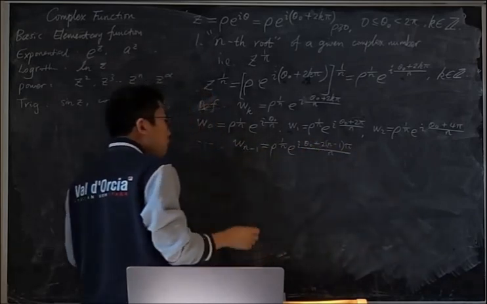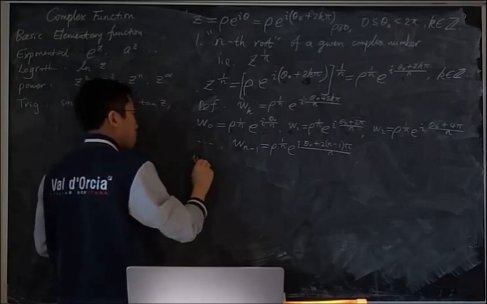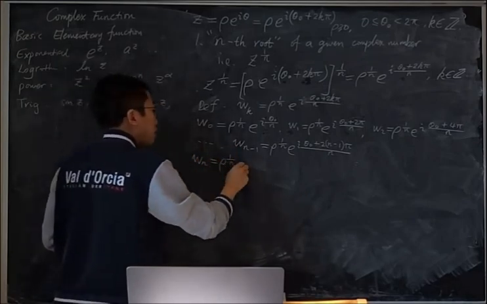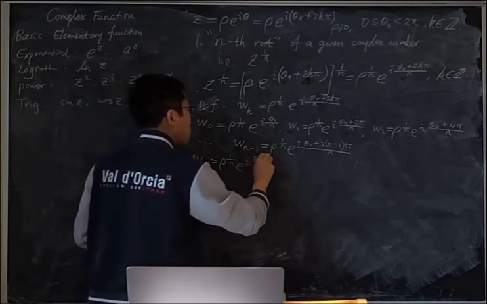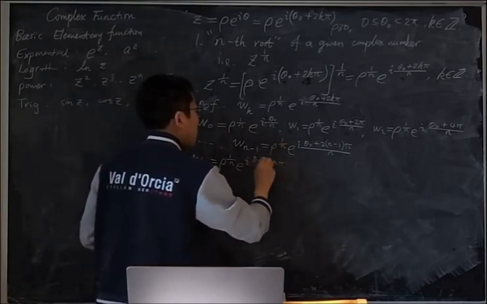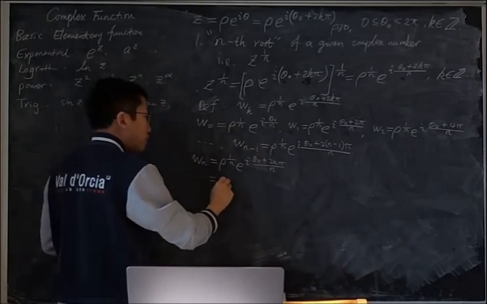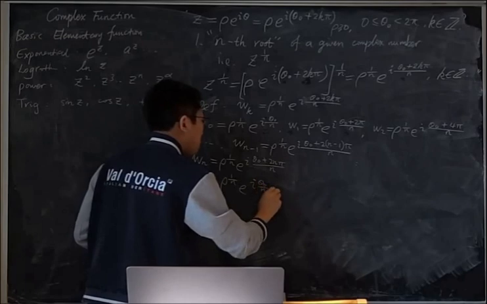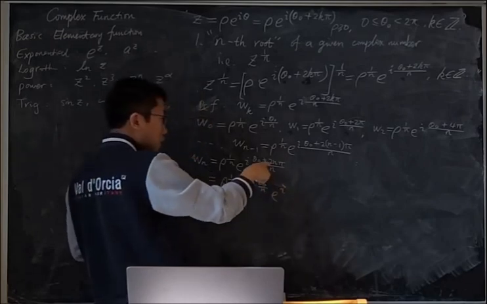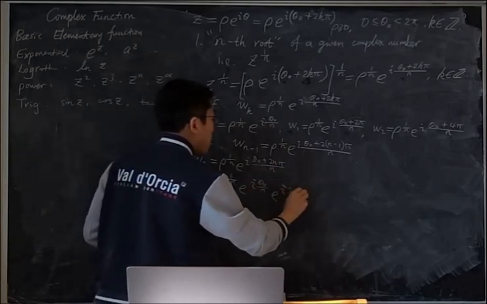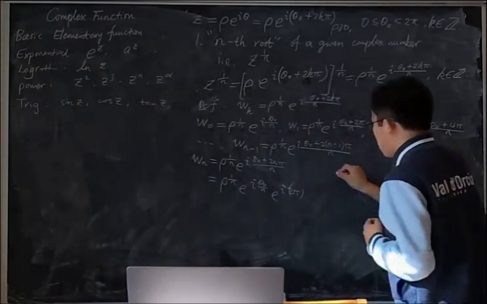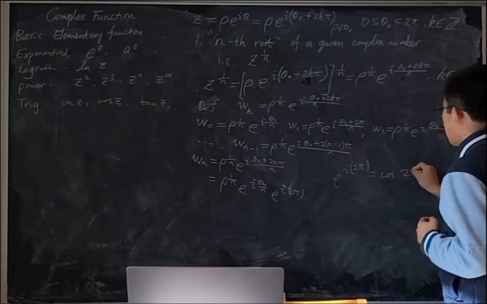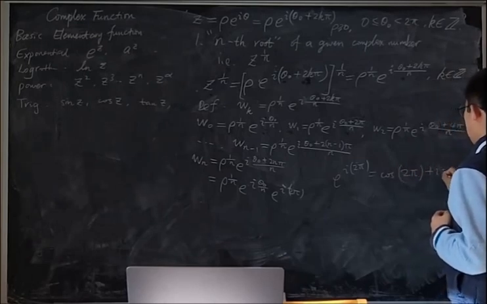If we continue, if we write w n, then it's rho to the power of 1 over n, then e to the i theta naught plus 2n pi over n. And we can find that this is rho to the 1 over n times e to the i theta naught plus, let's see, 2n over n, that's 2, so i times 2 pi. But e to the power of i times 2 pi is just cosine 2 pi plus i sine 2 pi.